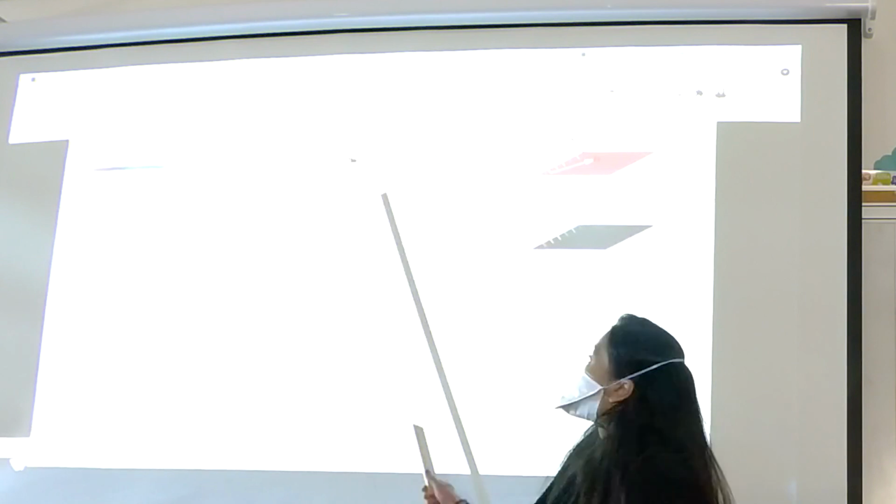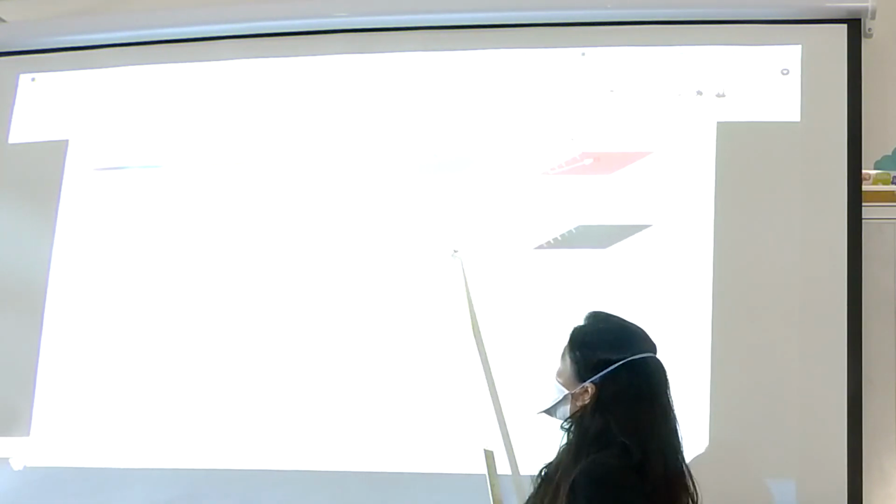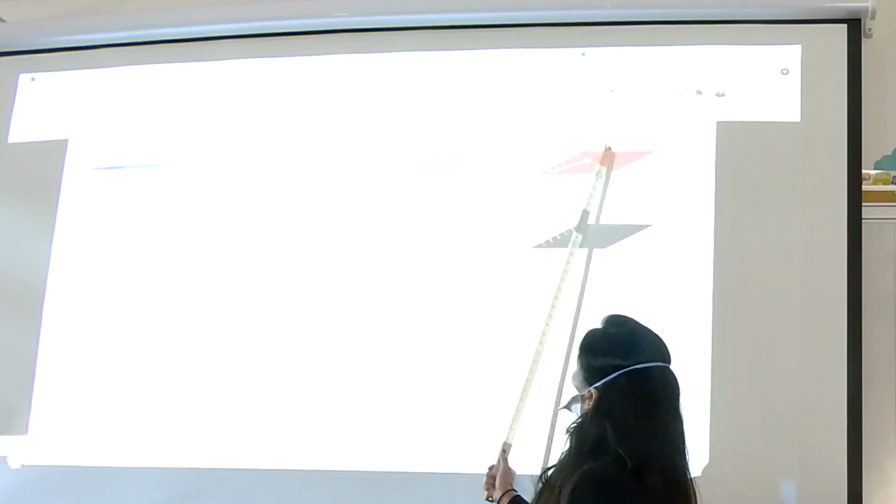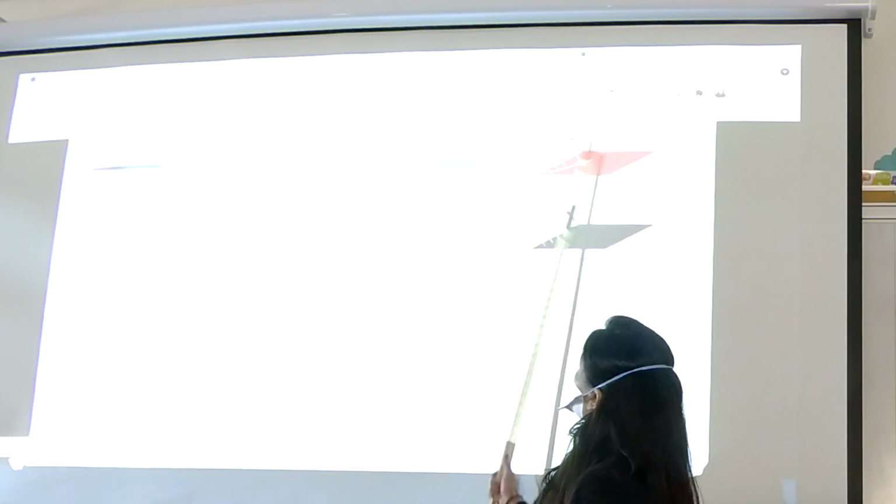And then if I had a white object and I shined red light on the white object, because that white object will reflect all the colors, I'm going to see red. If I had a red object and I had white light projecting on it, I would see red light bouncing off. Okay, I'm not going to get into refraction. We're going to do more demos next class on refraction.